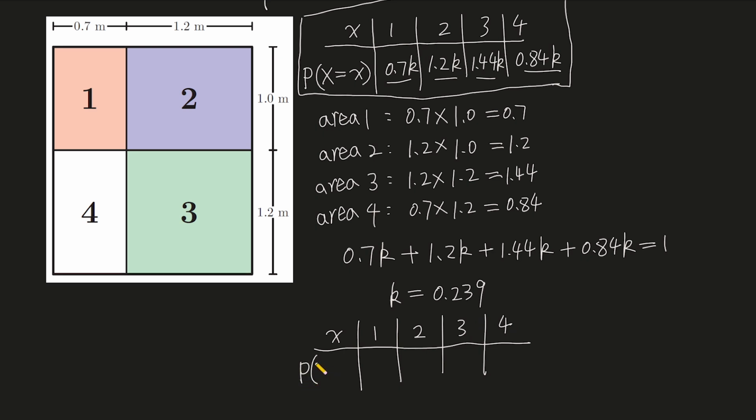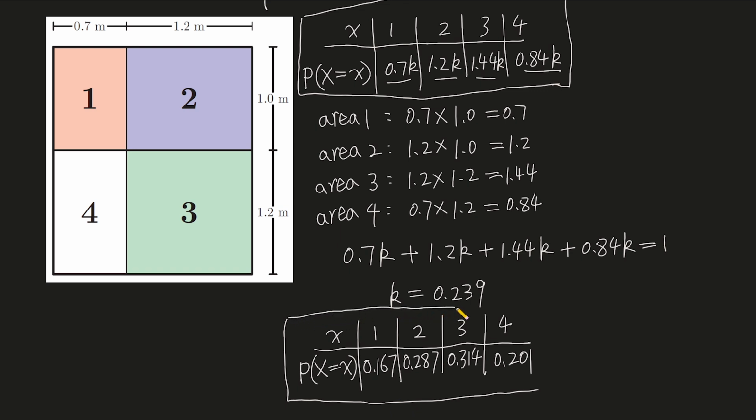The probability that the random variable equals x is here 0.167, here 0.287, here 0.314, and here 0.201. So this is the final answer. This is the probability distribution of the random variable of this question.